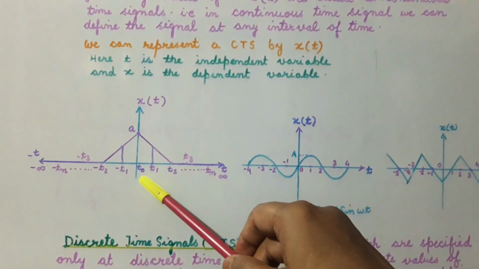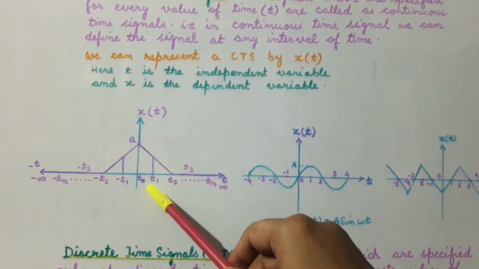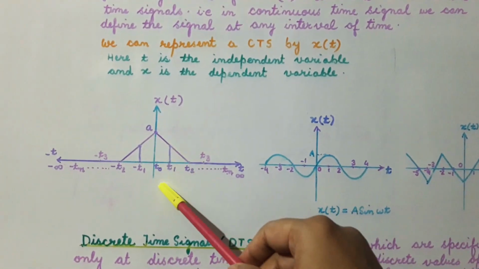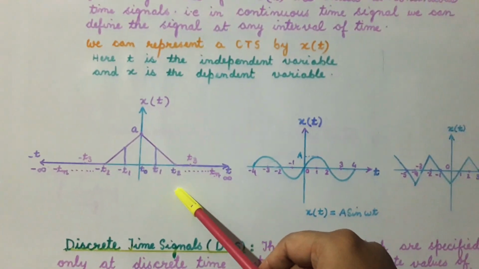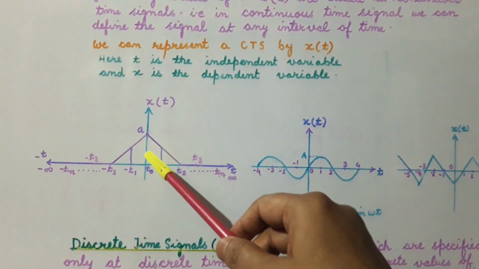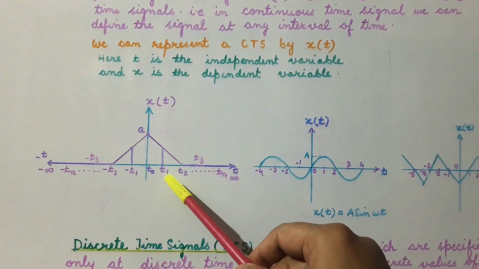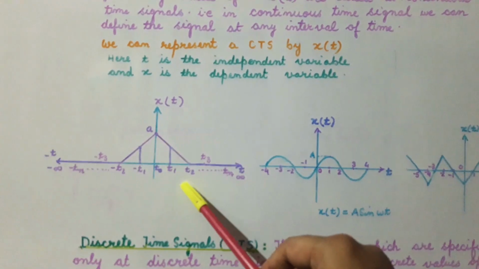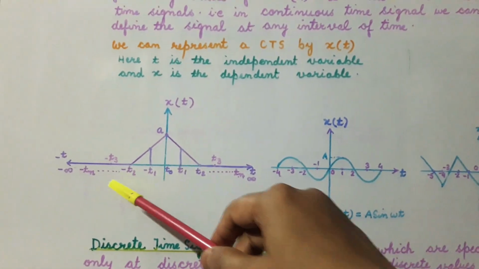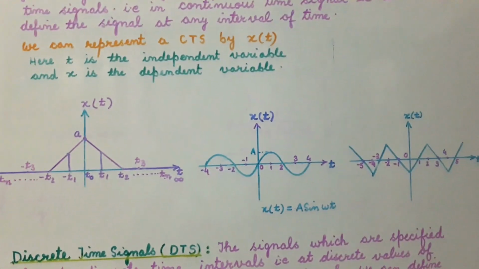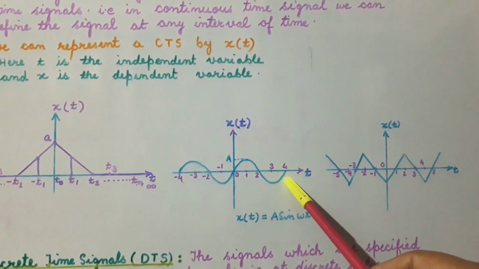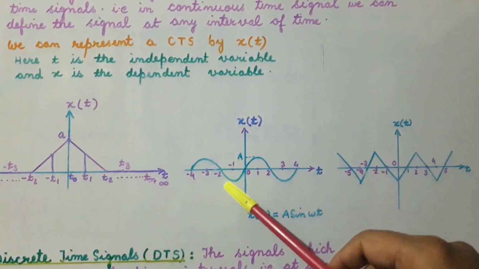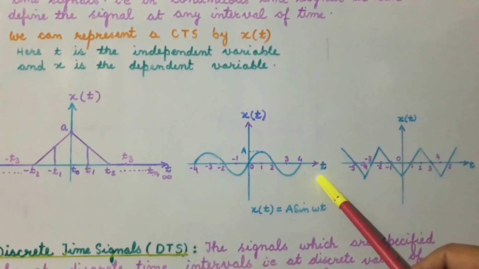Now, we can call this signal a continuous time signal because we see that this signal is specified for every value of the time t. That is, we can find out the value of this signal x(t) for the time t ranging from minus infinity to plus infinity. Similarly, if we observe this signal, we find that we can find the value of x(t) for any interval of time t.